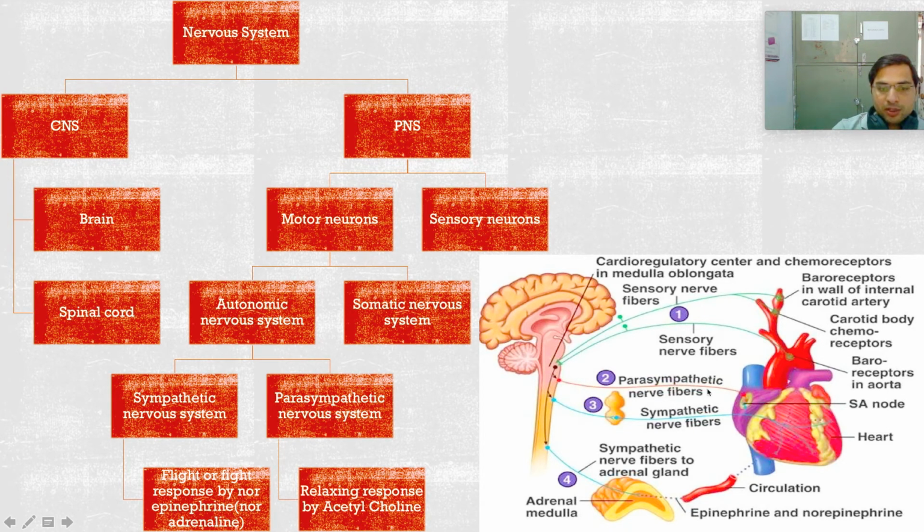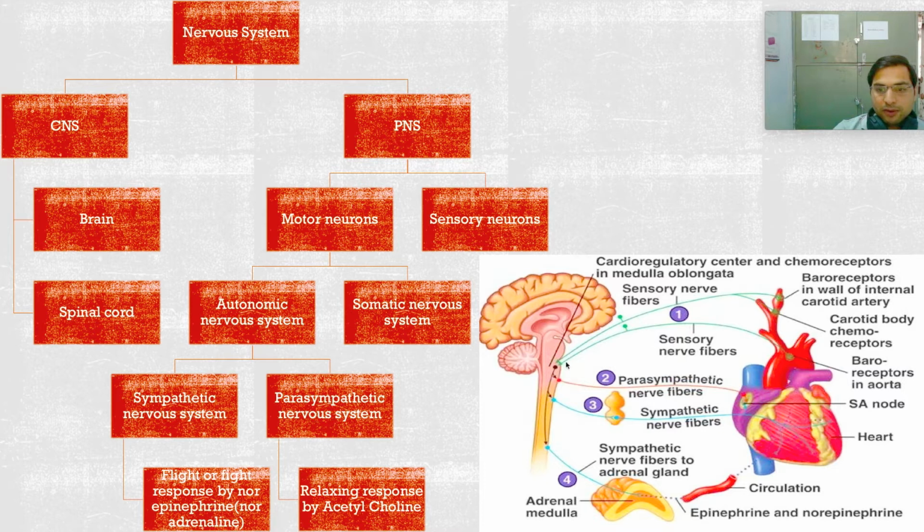The parasympathetic nervous system relaxes the heart, that is, it reduces the heart rate, and the sympathetic nervous system activates the heart and increases the heart rate via the release of epinephrine and norepinephrine, whereas the parasympathetic reduces the heart rate by the release of acetylcholine.